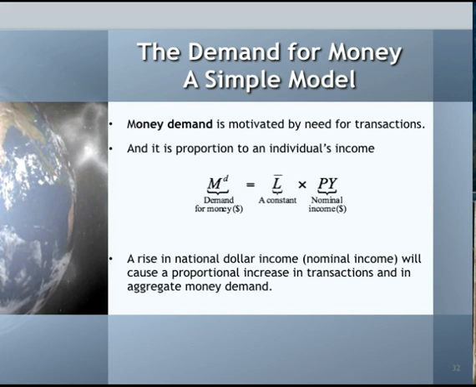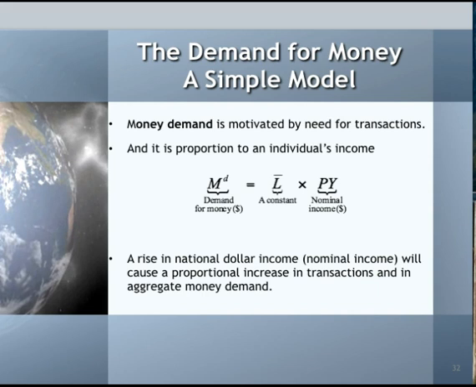And what we find is that money demand tends to be proportional to an individual's income. That is, how much income you have will determine what your money demand might be. So we're going to refer to money demand as capital M for money, and we'll put a little d at the top so that it signifies the money demand. And what we'll find is that money demand is pretty much some proportion, we'll call it L for that proportion.